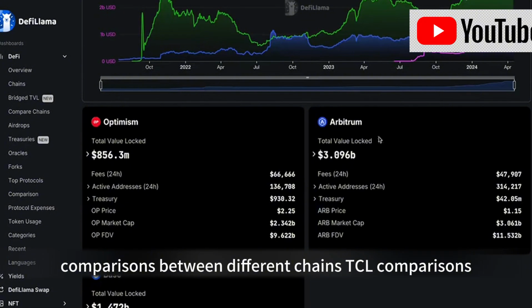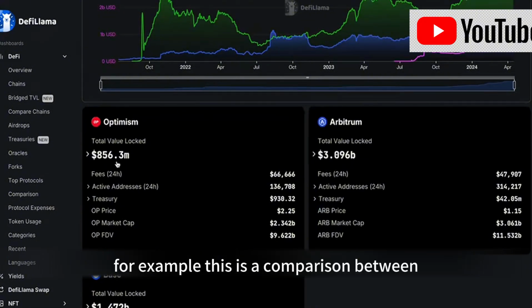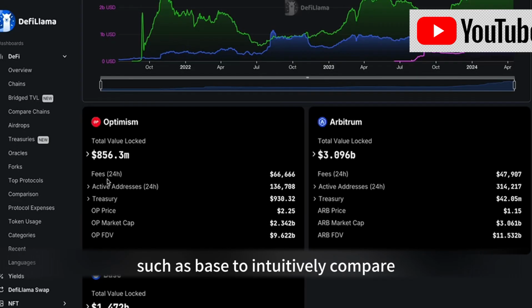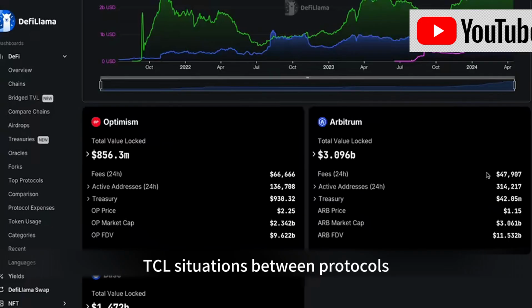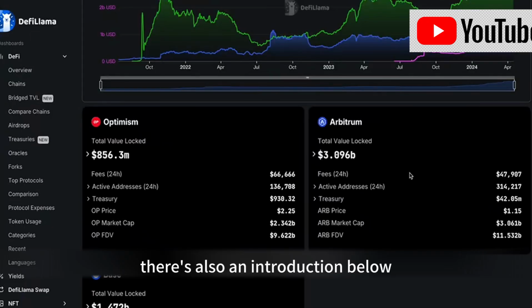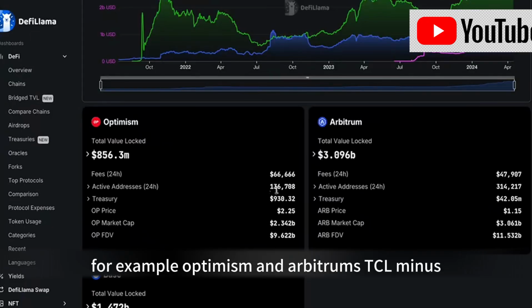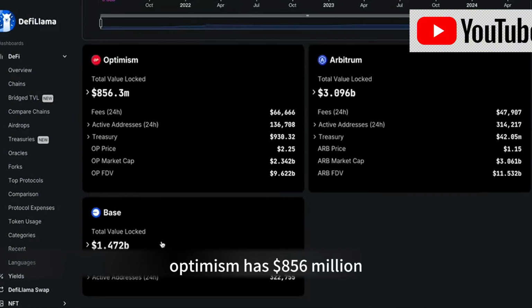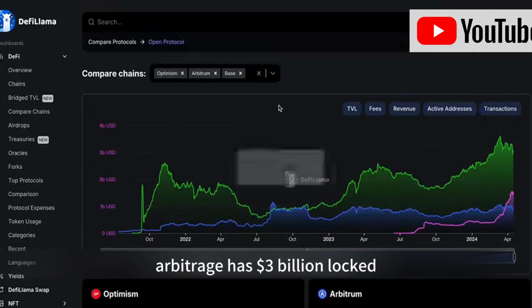Below is compare chains. Comparisons between different chains, TVL comparisons. For example, this is a comparison between Optimism and Arbitrum. We can also add comparisons, such as Base, to intuitively compare TVL situations between protocols. There's also an introduction below. For example, Optimism and Arbitrum's TVL. Optimism has $856 million. Arbitrum has $3 billion locked.